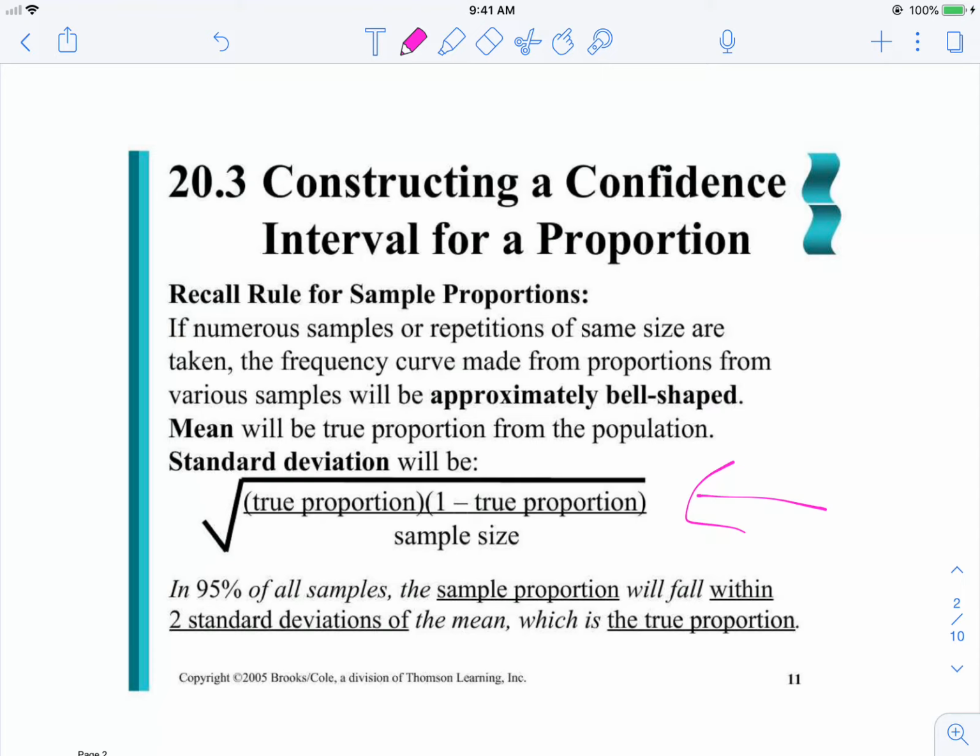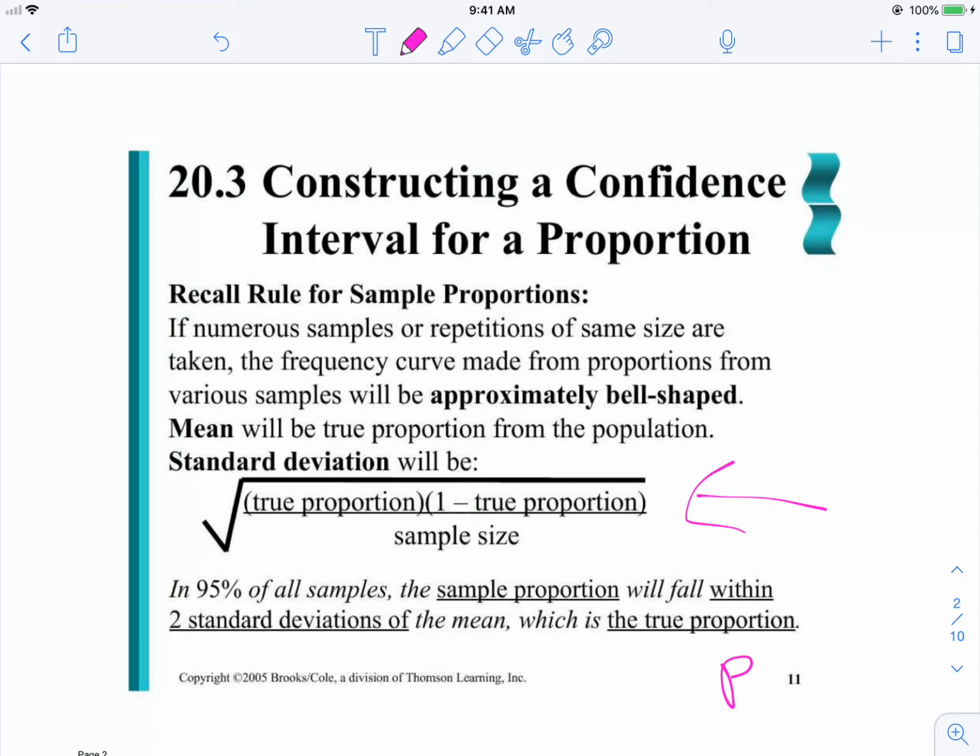And recall from the empirical rule that in 95% of all samples, the sample proportion will fall within 2 standard deviations of the mean, which is that true population proportion, P. We talked a little bit about that in our previous lesson, that you could have different levels of confidence.